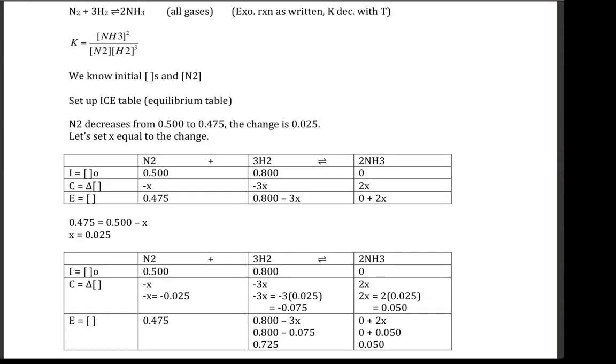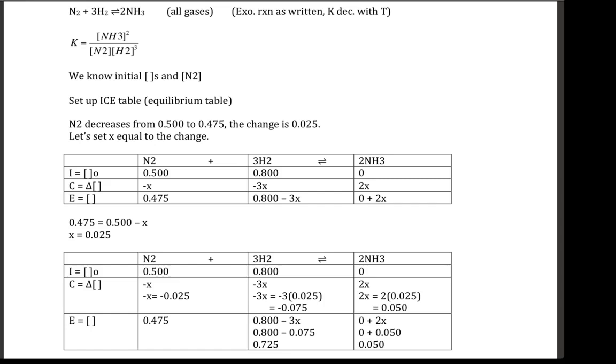Next, we know what the X is because we can determine it from the information we're given about the nitrogen. So we have 0.475 equals, so the equilibrium equals I plus C, so 0.475 equals the initial 0.500 plus C, so minus X, or X is 0.025.